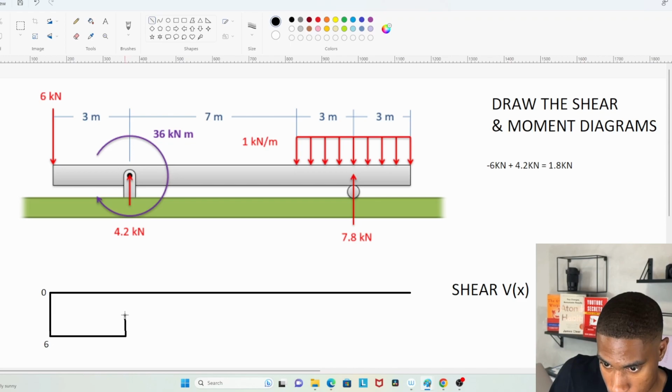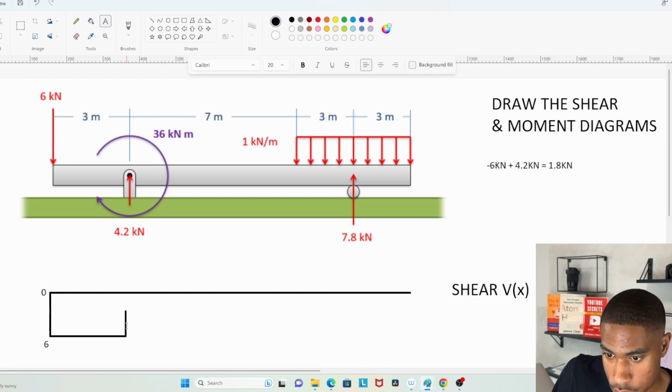So I'm just going to come up. And this is very rough, it doesn't have to be perfect. I just want a good visual of what's happening at important points on your diagram. I know that this is going to be 1.8.